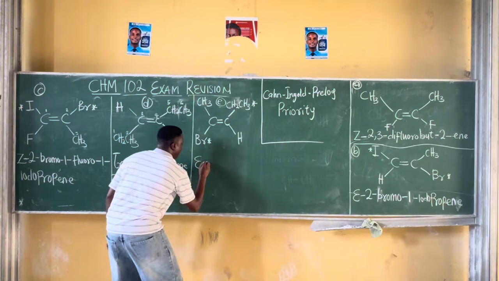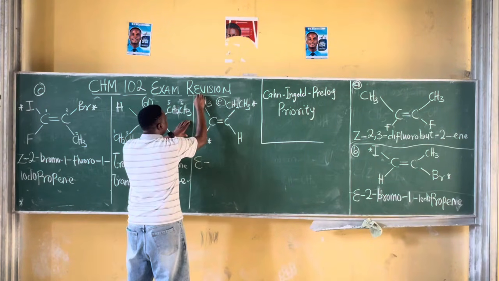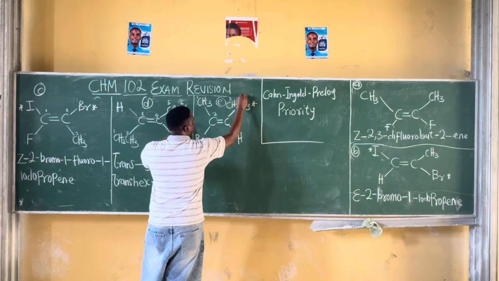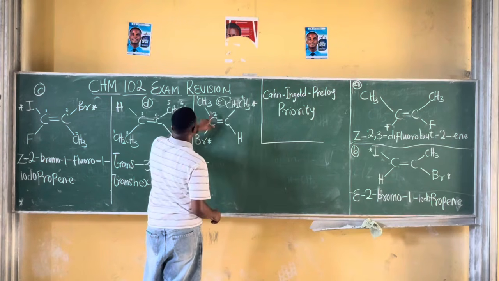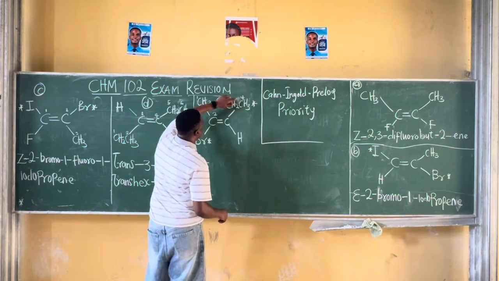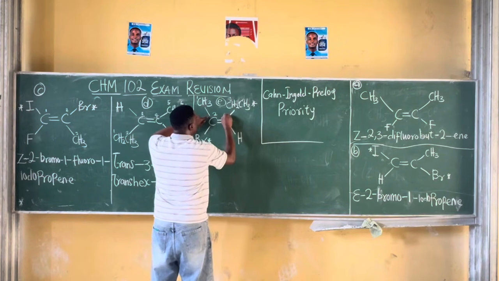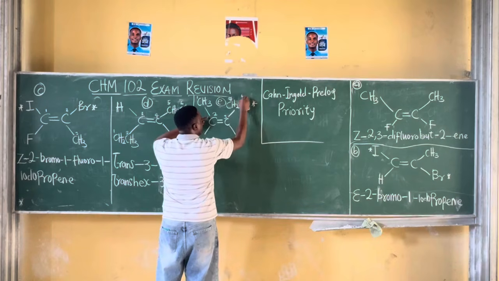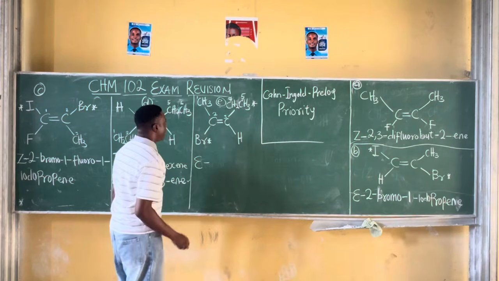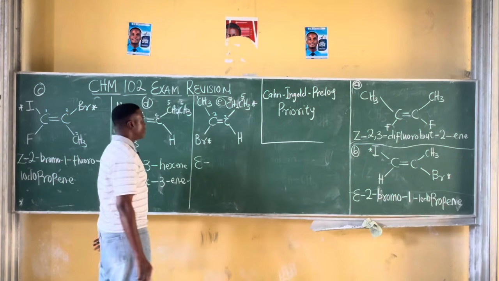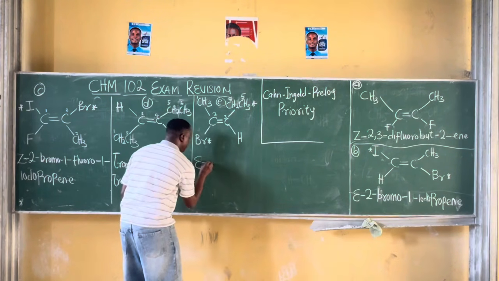E. Now let's number the carbon. 1, 2, 3, 4, right? 1, 2, 3. Okay, I didn't number it well. 1, 2, 3, 4, 5. All right. Now we can see that the double bond is at carbon 2. Okay. So this becomes E.